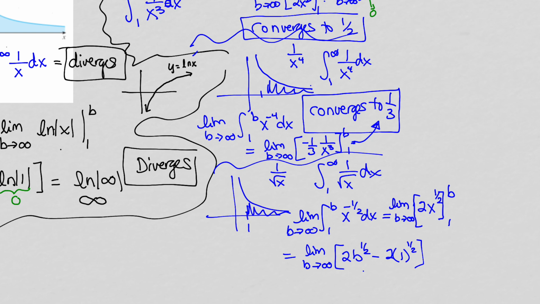So as this goes to infinity, 2 times the square root of infinity is what? Infinity. Like the limit as b goes to infinity of 2 times the square root of b is infinity, right?